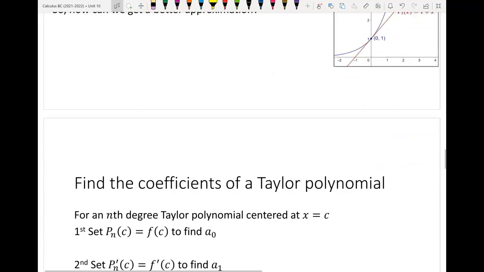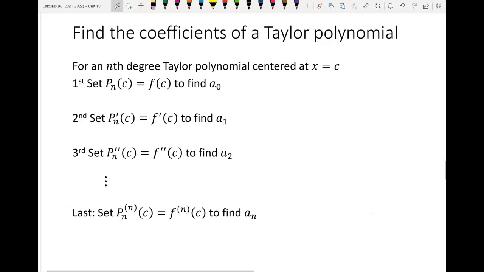Good? Okay. This I do want you to write down. For an nth degree Taylor polynomial centered at x equals c, you first want to set the point equal to each other, so p sub n of c equals f of c, to find a sub 0, that constant.